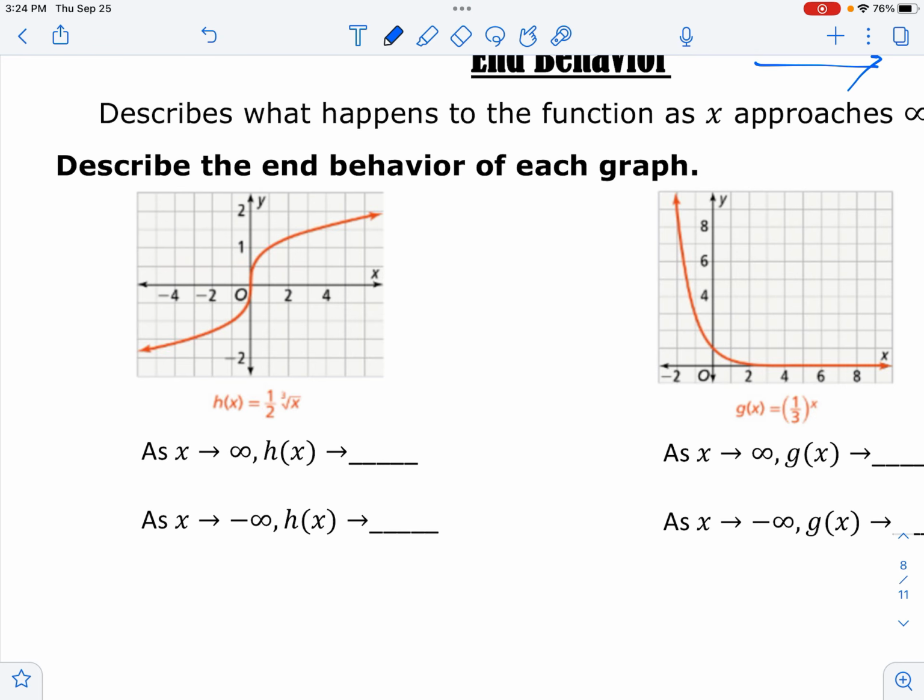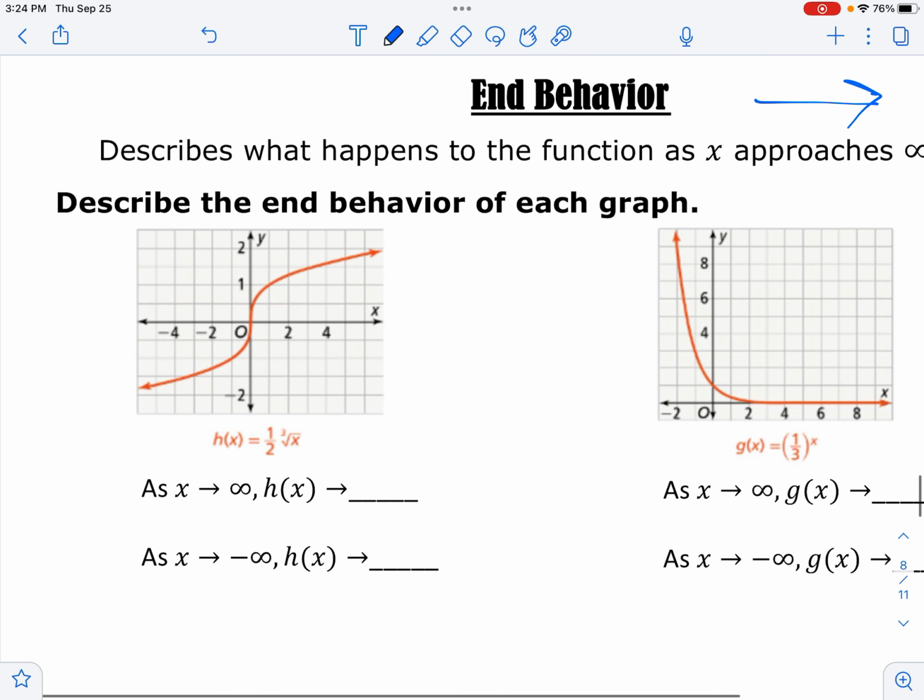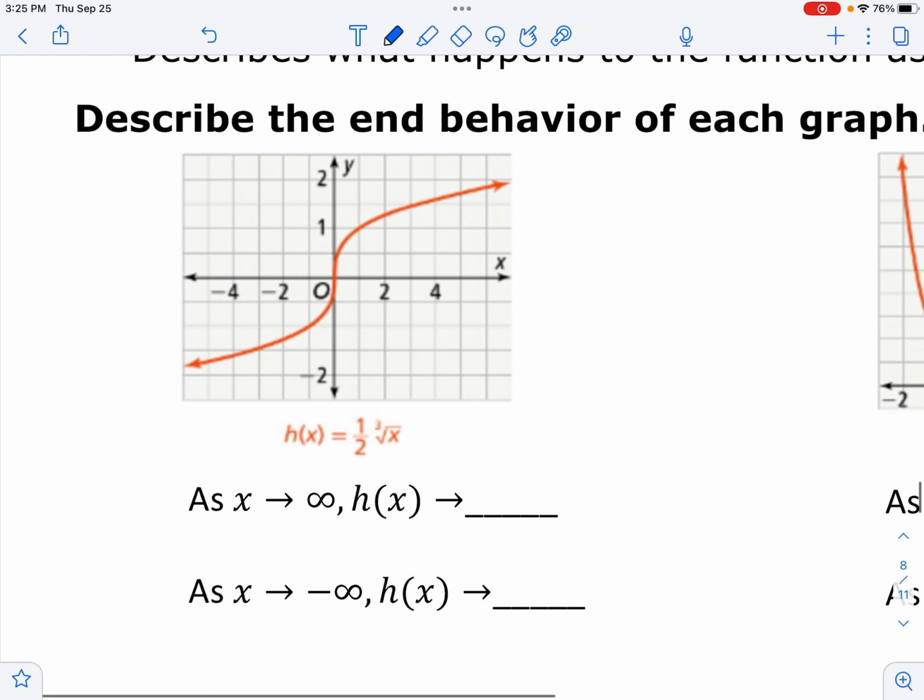Down here, for both of these, it says to describe the end behavior of each graph. Let's zoom in on this first graph. This is a cube root function, and it's kind of got a sideways squiggle. It says as x approaches infinity. So as x is going this way, what's happening with this graph?